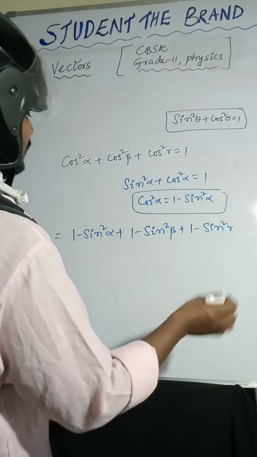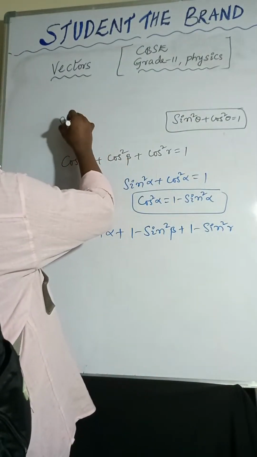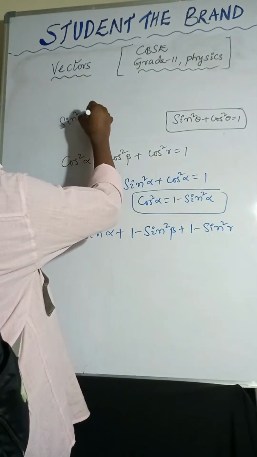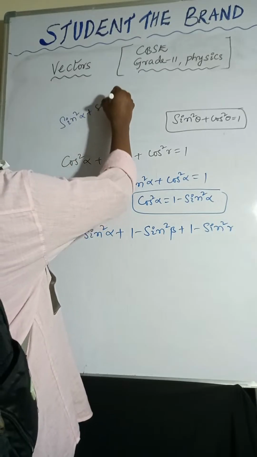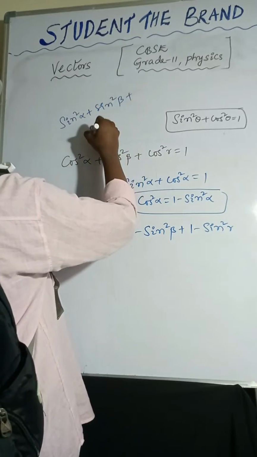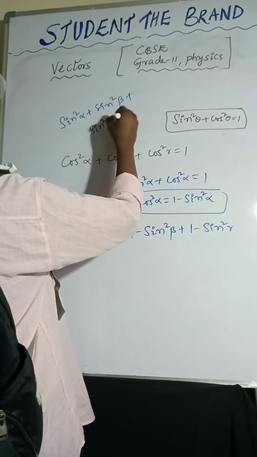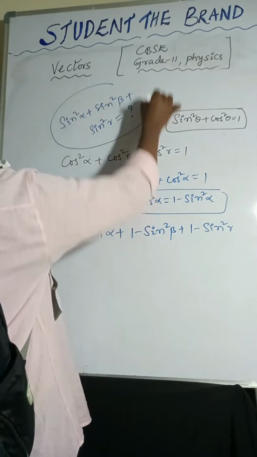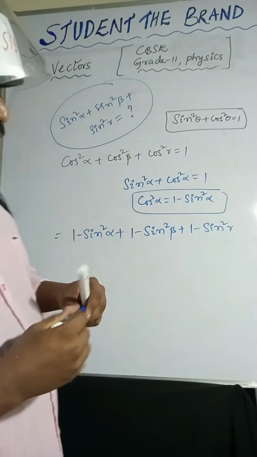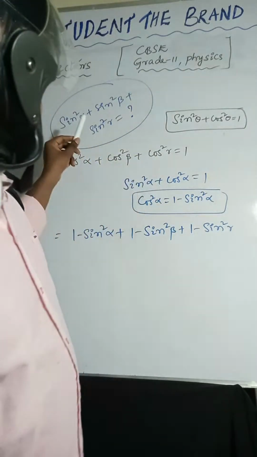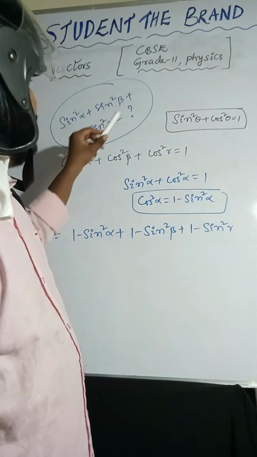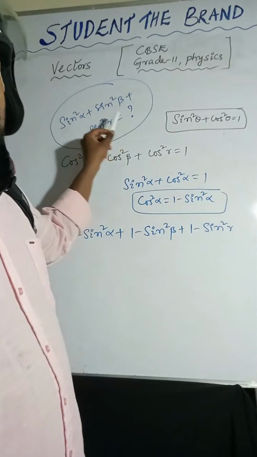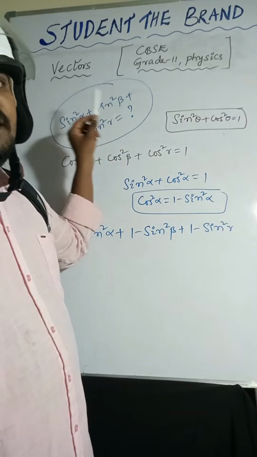So we have to find out sine square alpha plus sine square beta plus sine square gamma equal to how much? That is the question.